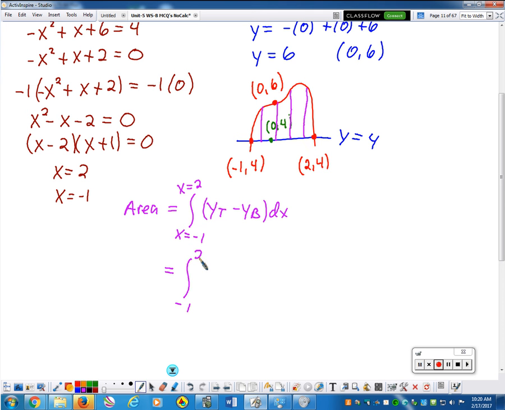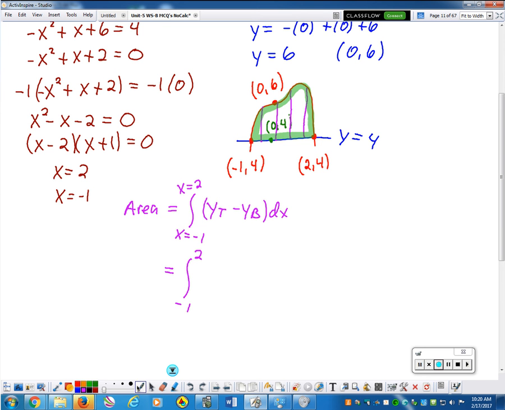From -1 to 2. So someone tell me, how do we compute the top y coordinate of any rectangle within the area of interest? Ellie? The equation that we were given for the top, and you plug that in, and then the bottom is 4. Perfect. So looking at this area here, you notice that you can find the y coordinate at the top simply using that equation.